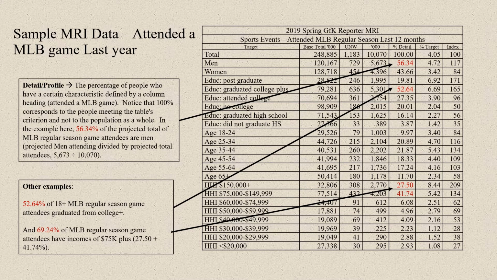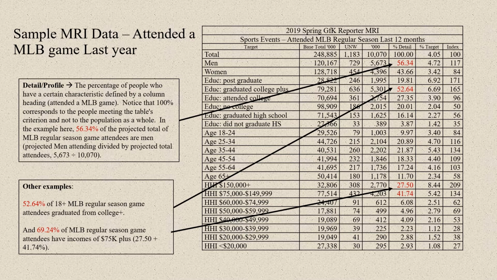In this example, 56.34% of the projected total of the people who attended a Major League Baseball game were men. And this calculation is made by dividing that 5,673 by the 10,070.